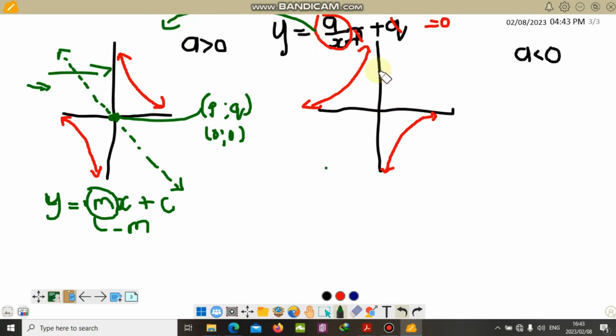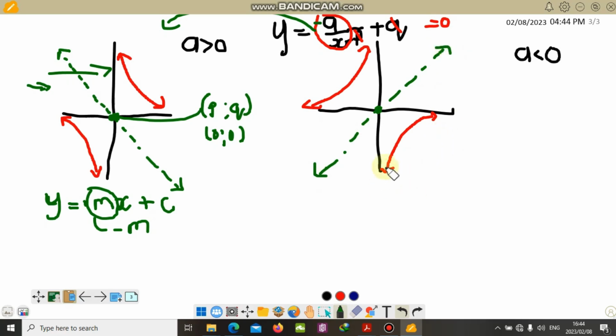So for this one, a has to be negative. We need a negative a for this part to exist. So it is still passing through points P and Q. P and Q are on the axis of symmetry, which becomes the asymptote. So this point here will become a point on the line.